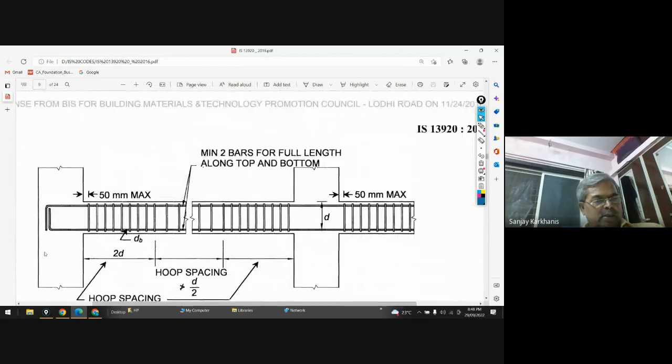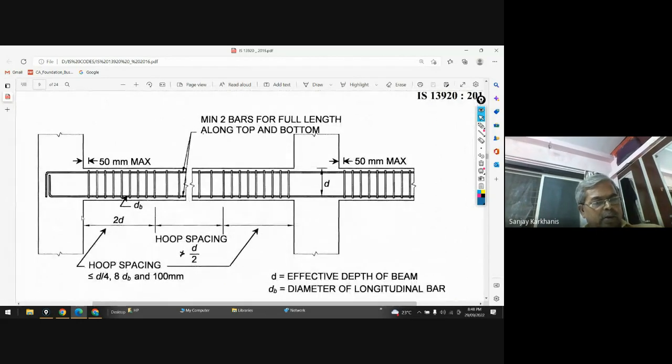Now you can see the first shear stirrup shall be away from the face of the support, not more than 50 mm. So maximum 50 mm has to be the first stirrup. From the face of the column, the first stirrup shall be at maximum 50 mm.